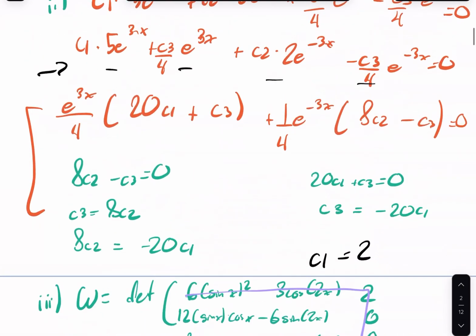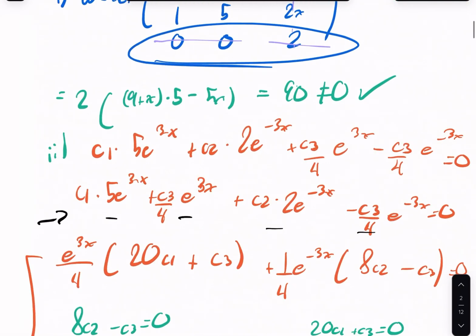Where did I write it down? Okay, I don't think I wrote it down, but I'll write it down now. So if you plug in C1 equals 2, C3 equals negative 40, and C2 equals negative 5, then you'll get that.